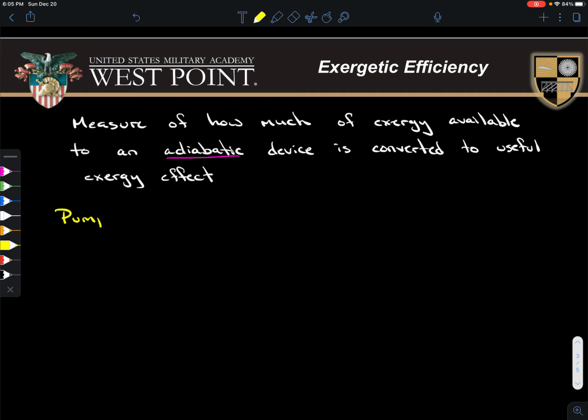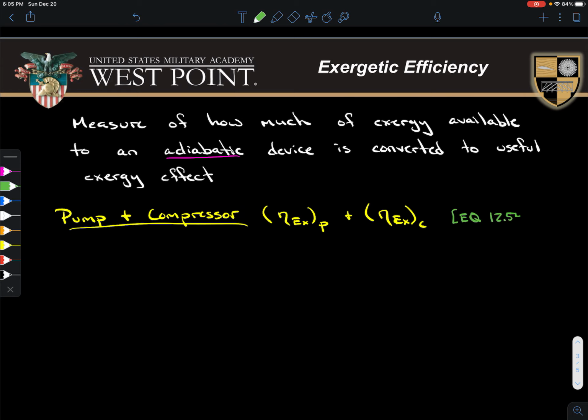Okay, so let's talk about some specific devices. You have a pump and, say, a compressor. And those exergetic efficiencies, eta exergy of a pump and eta exergy of a compressor, respectively are going to be equations 12.54 and 12.55.